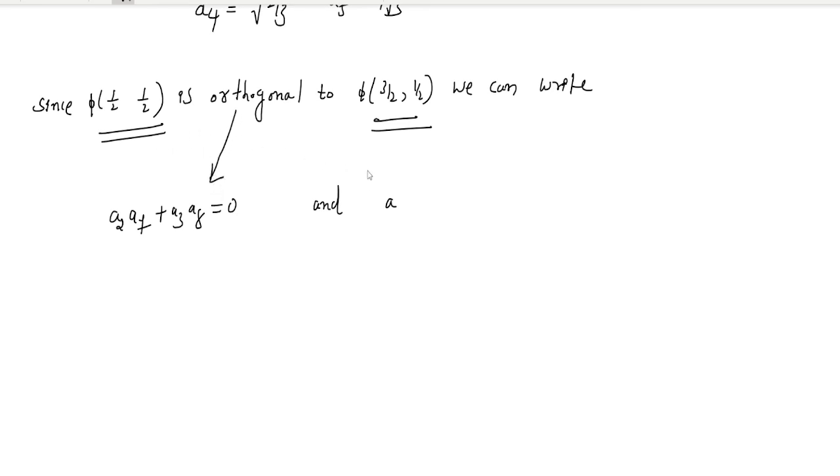If you apply orthonormal condition to only this state, what I mean, wave function psi 1 divided by 2 plus 1 divided by 2. So if you apply these two states orthonormal condition, definitely you got this thing.